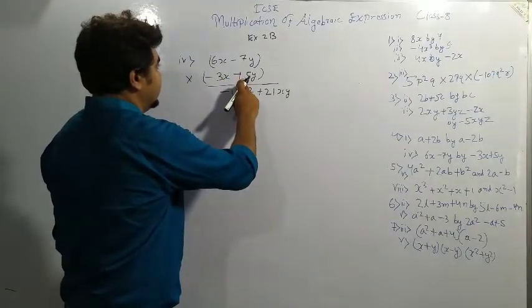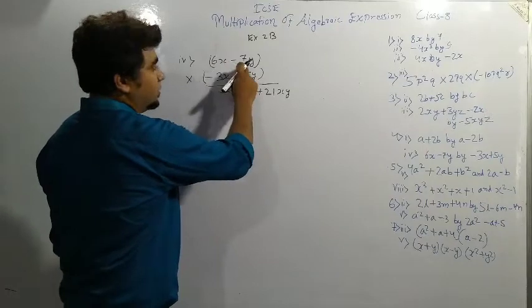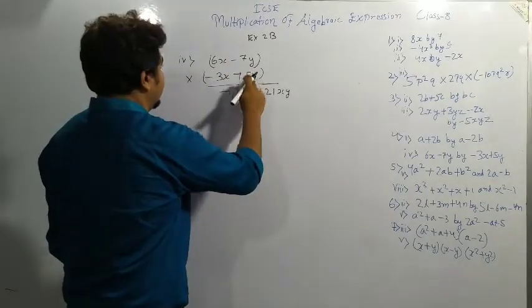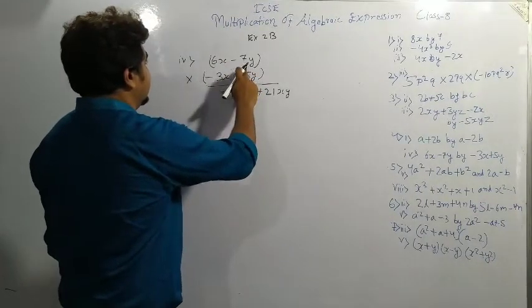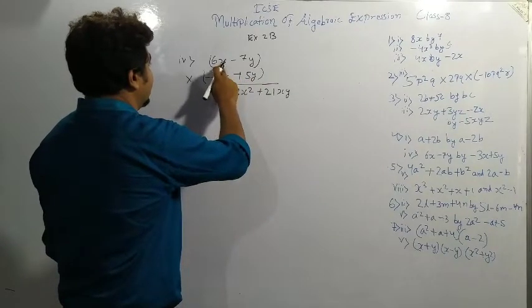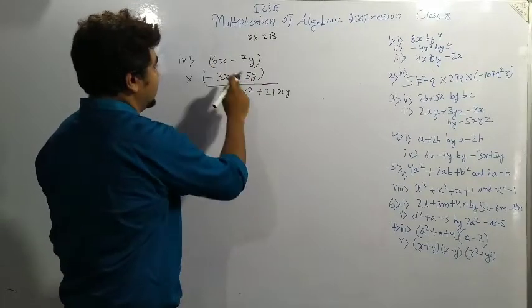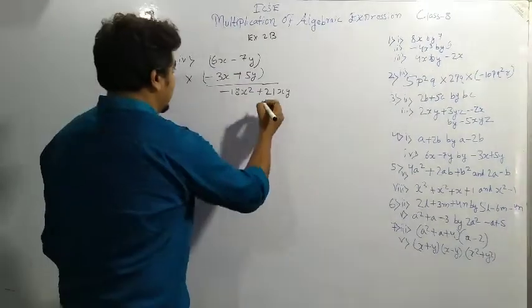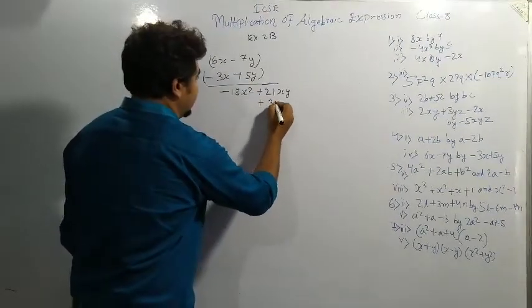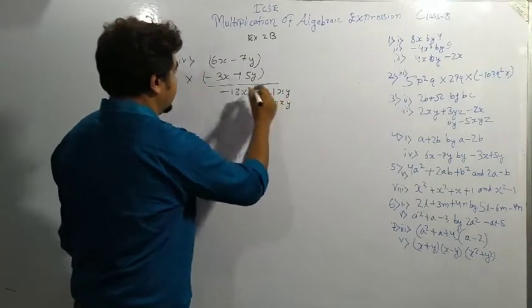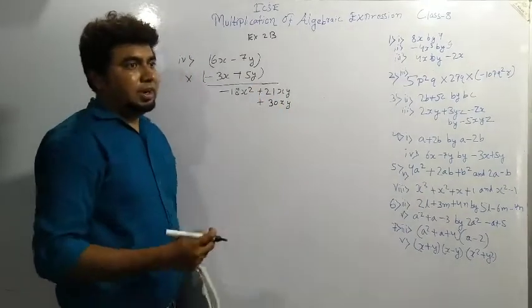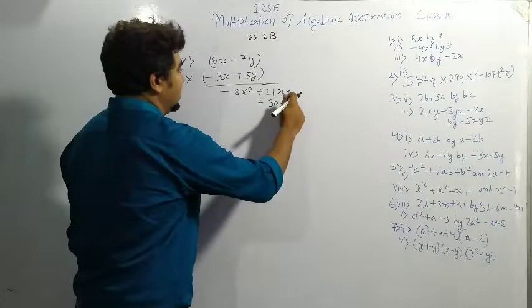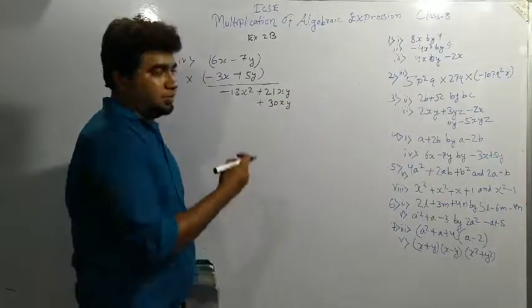Now 5y will be multiplied with both the terms. So here 5y into 6x. 5 sixes are 30. So 30, x into y is xy. So I am writing here 30xy, because the xy terms are like terms. Like terms means they will be written just below each other.